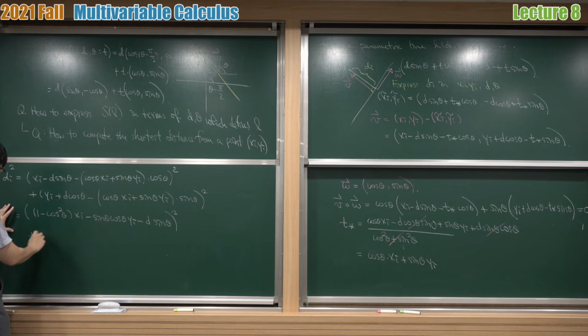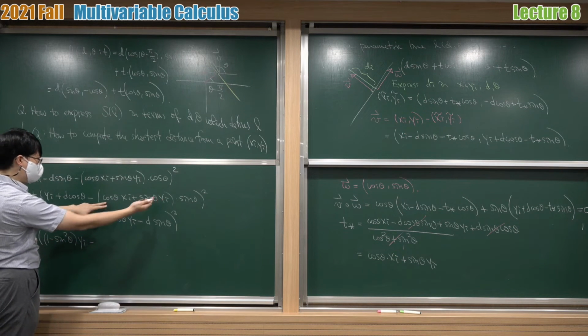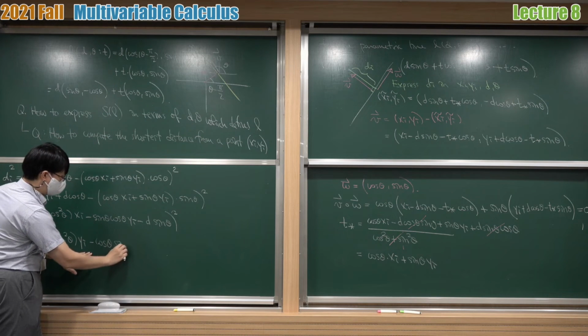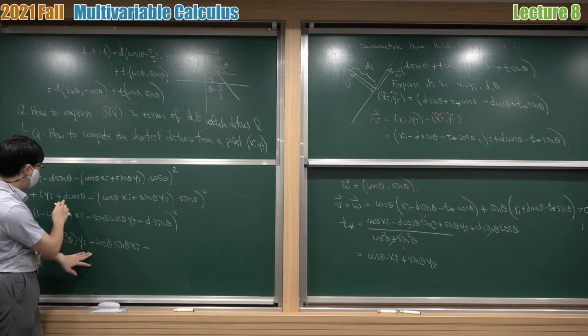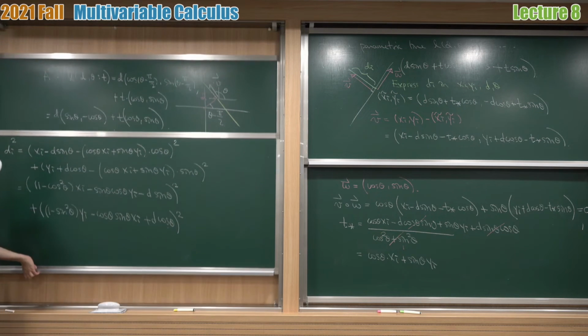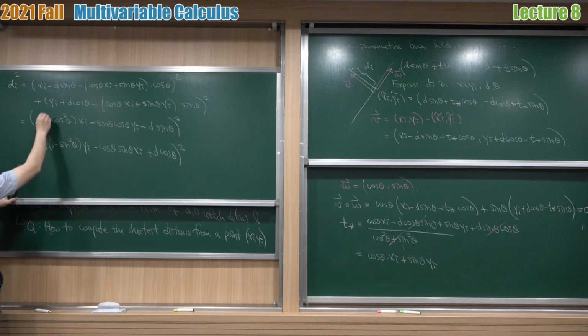And for this part, we have 1 minus sine square times yi, and what about xi? We have cosine theta sine theta xi and plus d cosine theta square. Right? So let's take the squares. This one is sine square, and this one is cosine square.